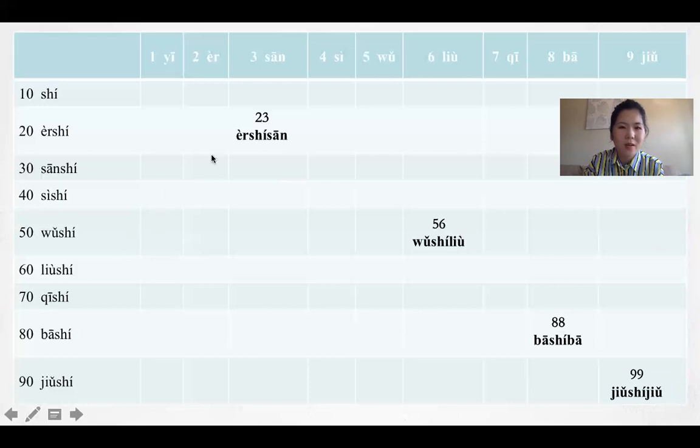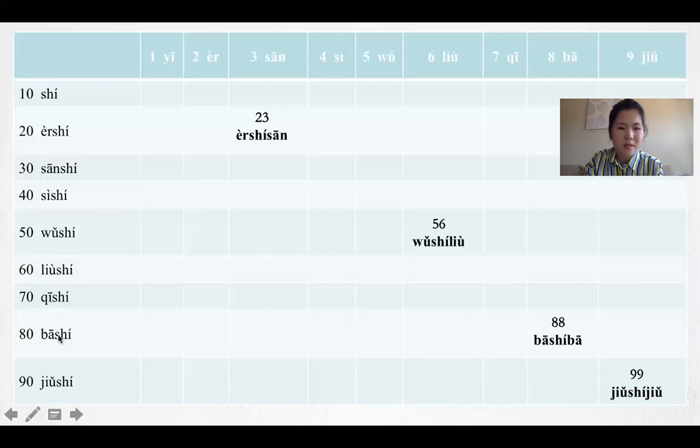Now, question: how do you say 54? Think about it yourself. Assume you already guessed it. Good job. 54, right? And this is how you combine them together. If you want to say 71, you say 71.